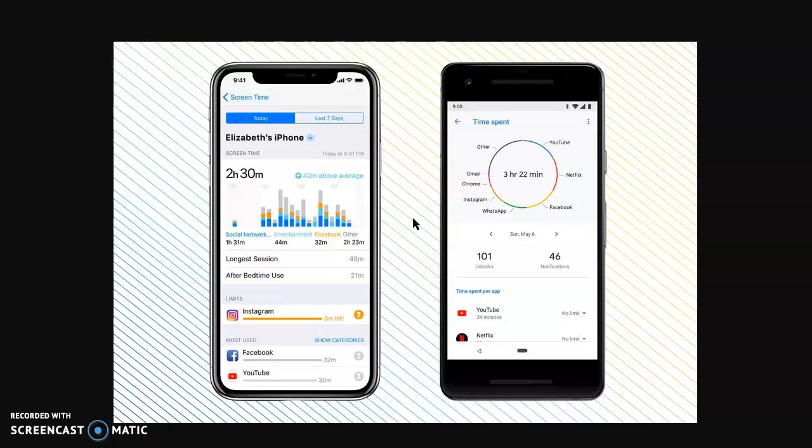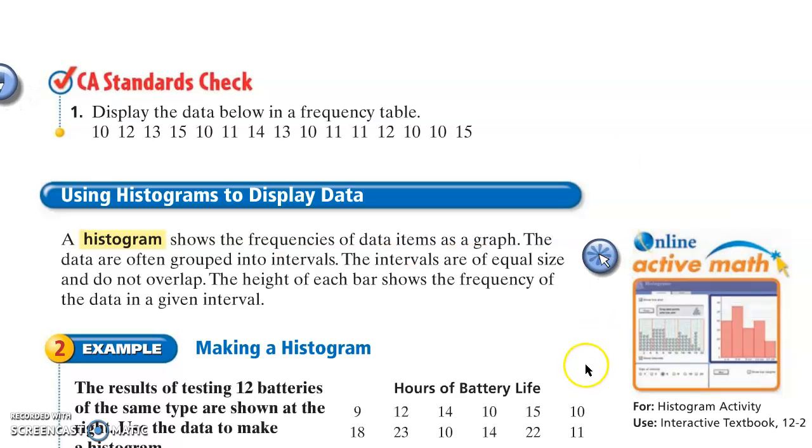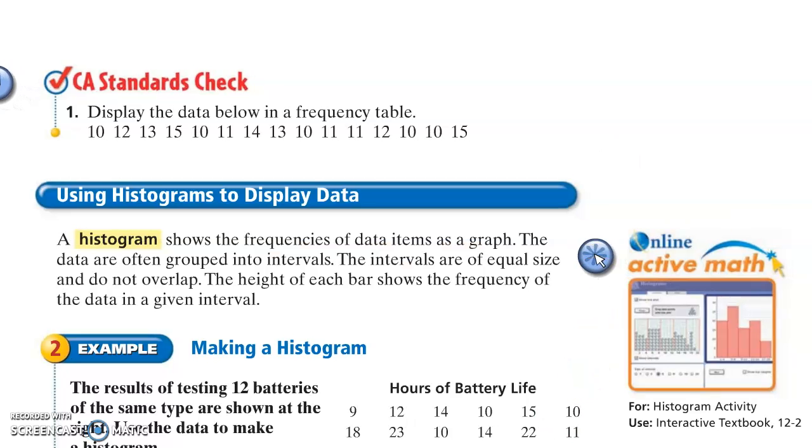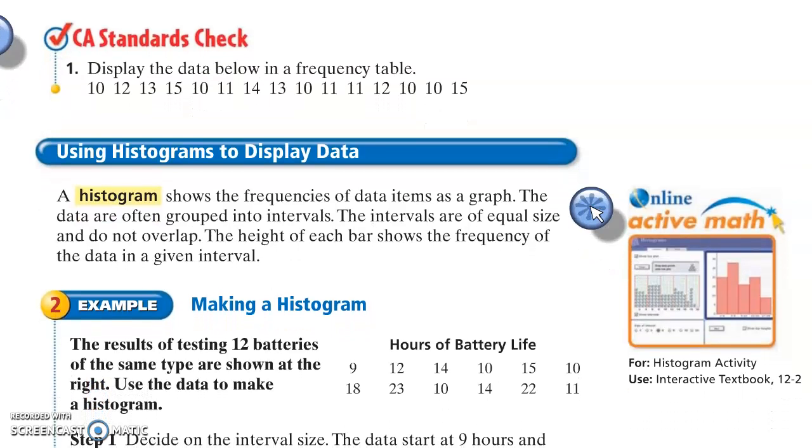We need to monitor these things, and it is a healthy reminder that everything around us can be counted, and it should be quantified. We should take a really deep look into what we're doing with our lives and where we're spending most of our time. So let's go ahead and look at California Standards Check number 1, and then we're going to do a frequency table to display the data.